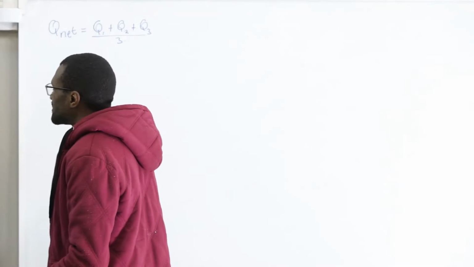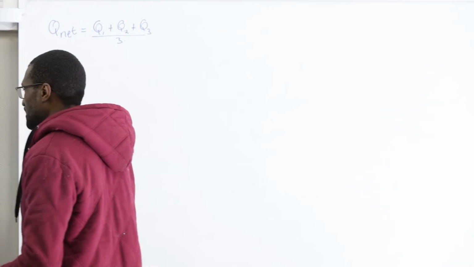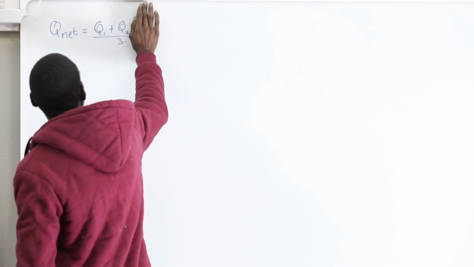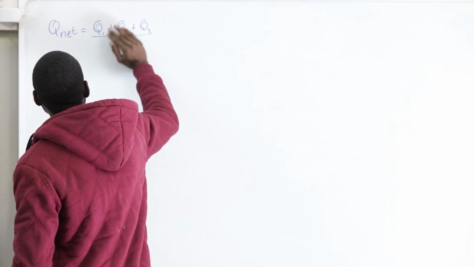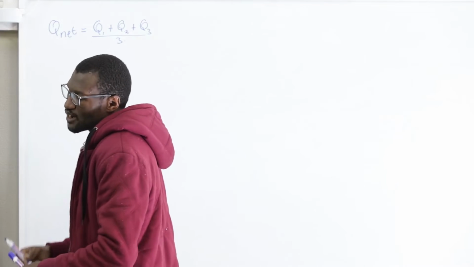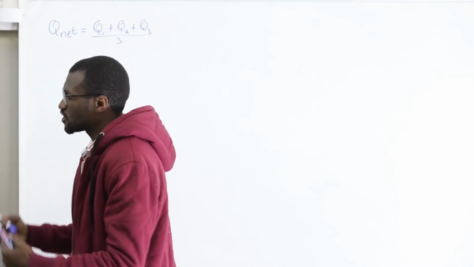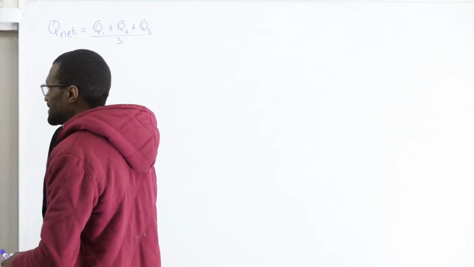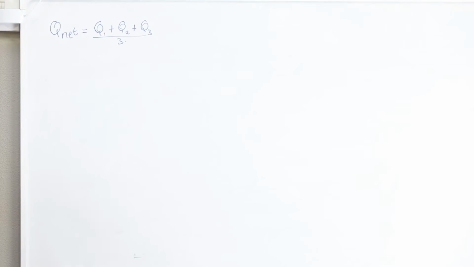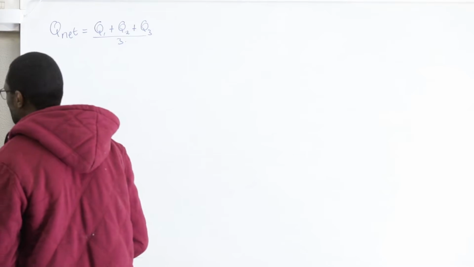In other words, their average charge after they come together. If there were 2, it would have been Q1 plus Q2 divided by 2. If there are 4, it will be Q1, Q2, Q3, Q4 divided by 4. We find the average. The question is saying calculate the value of Q that's unknown in this instance.